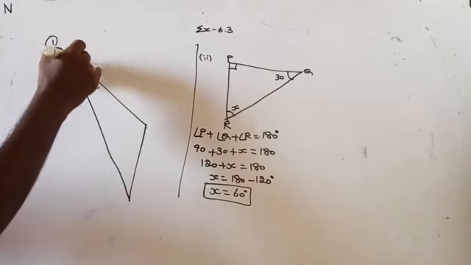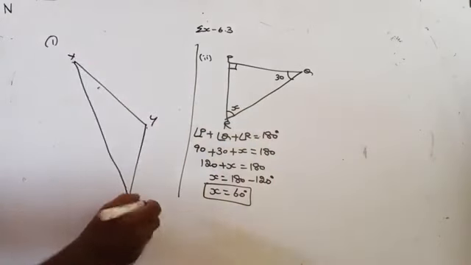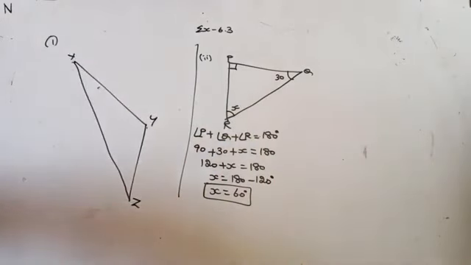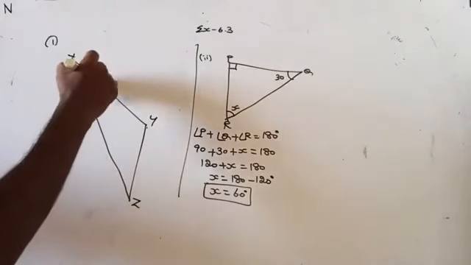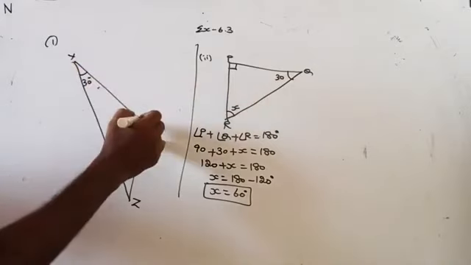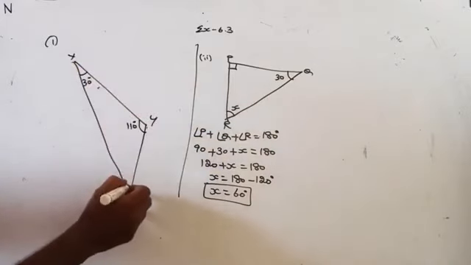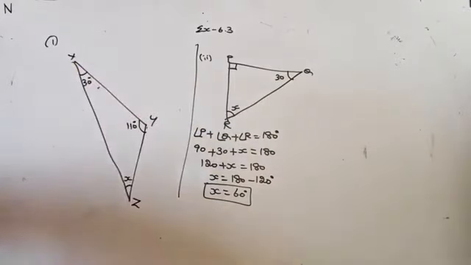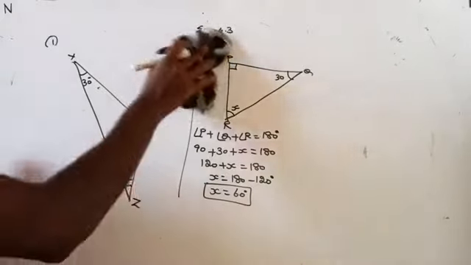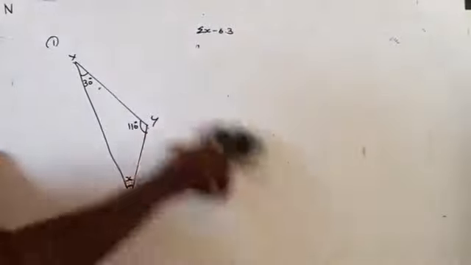It is x, it is y, it is z. Angle x is 30 degrees, y is 110 degrees, and the interior angle at z is what? x. Right? Now we have to find the value of unknown x in the given figure. So we know that the sum of all angles in a triangle is what? 180 degrees.